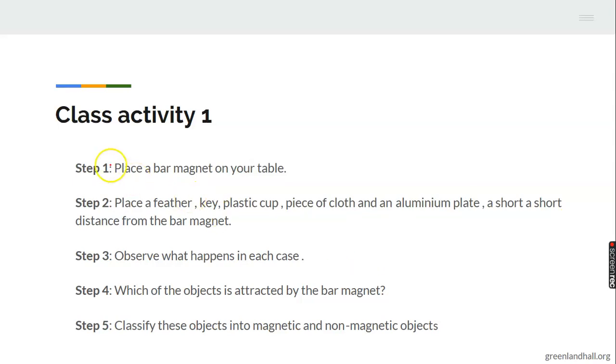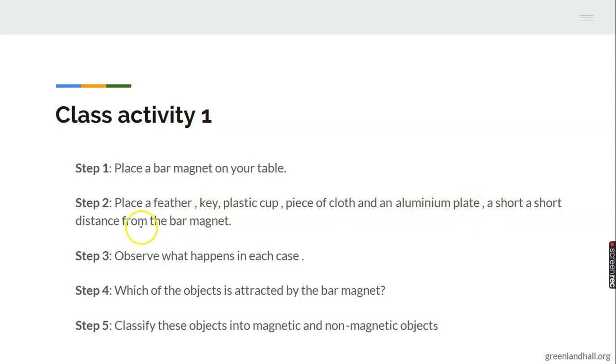So step 1, you have to place a bar magnet on your table. Just get a table in your house, place a bar magnet there. Then step 2, place a feather, from either a bird or a domestic chicken or whatever. Just get a feather. Or a key you use in opening your door, a plastic cup, a piece of cloth, and an aluminium plate.